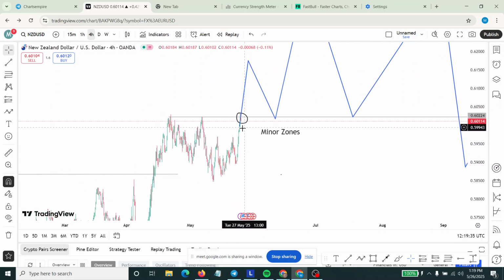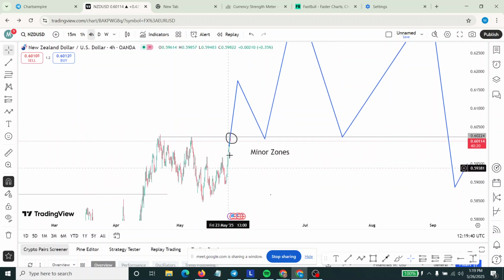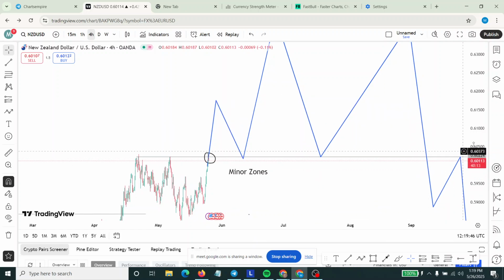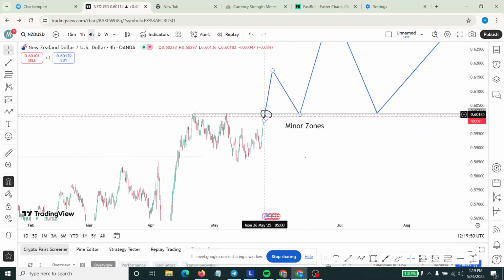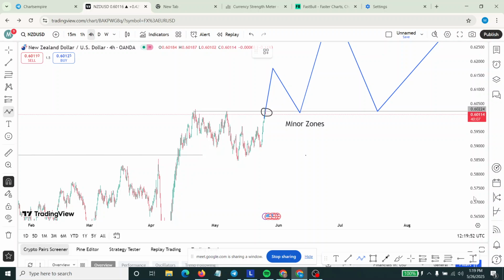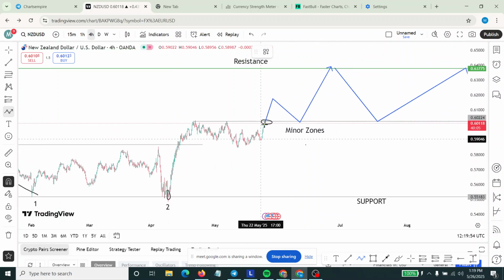So it depends on what happens here for us to make that decision. If the buyers are able to break out of this minor zone, we'll be anticipating to buy. If they fail and the sellers start selling the market from here, they will push the market all the way to this major support.